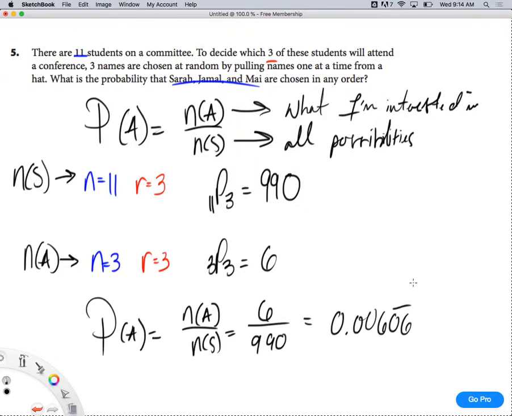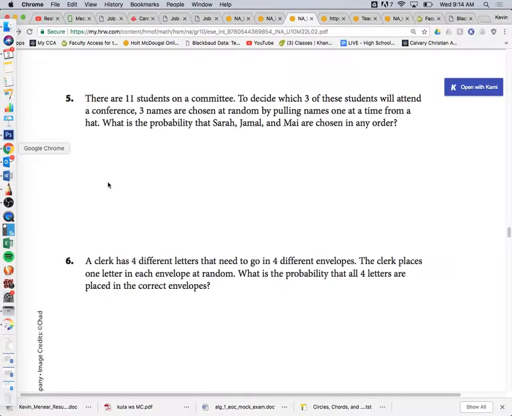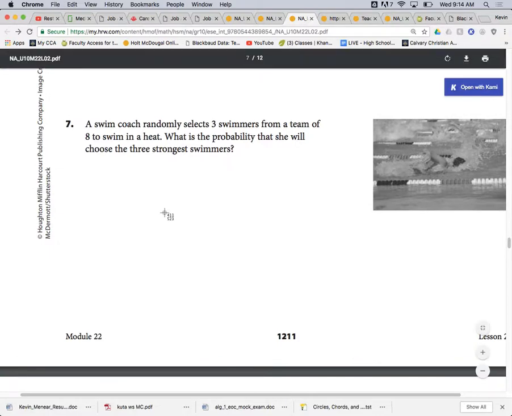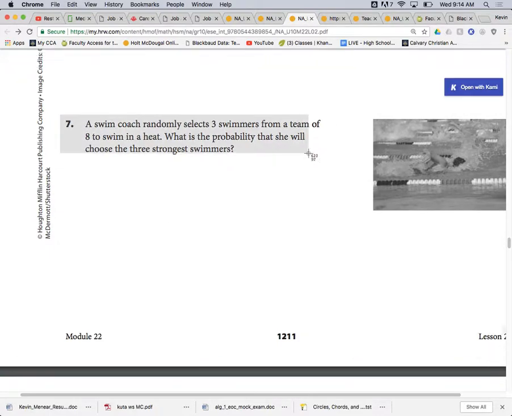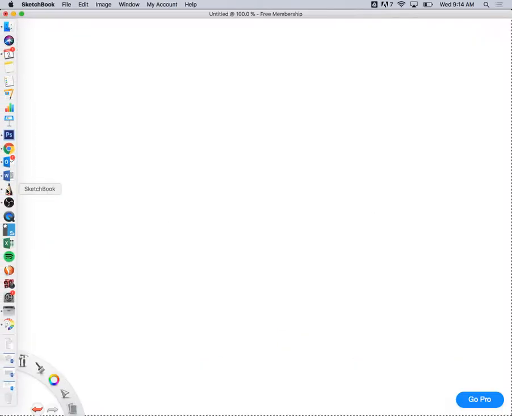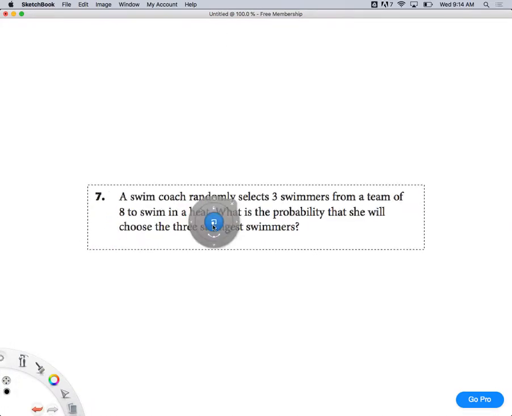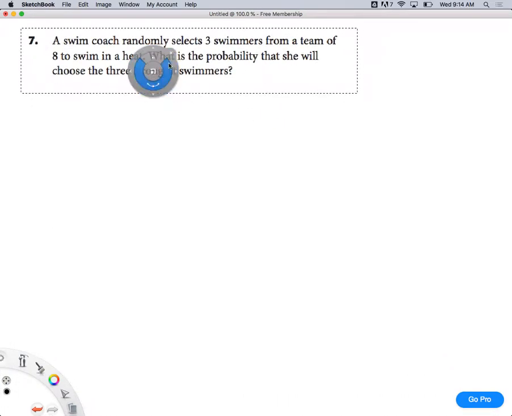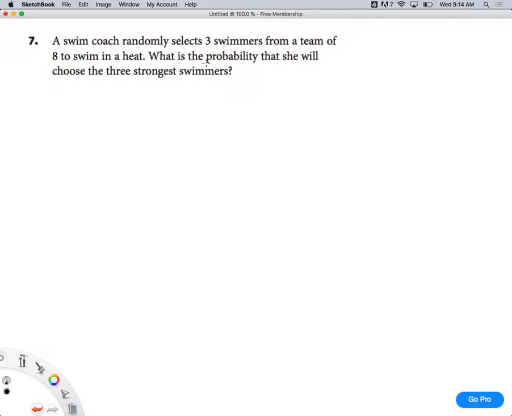Next one. I'll go through the future ones more slowly. It's just I've already done all these before, and I'm just doing it to refresh. A swim coach randomly selects 3 swimmers from a team of 8 to swim in a heat. What's the probability that she will choose the 3 strongest swimmers? Well, probability of A, remember, I'm thinking NA over NS.